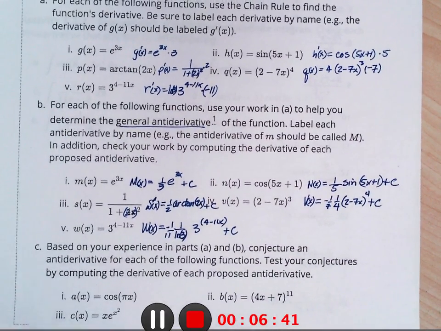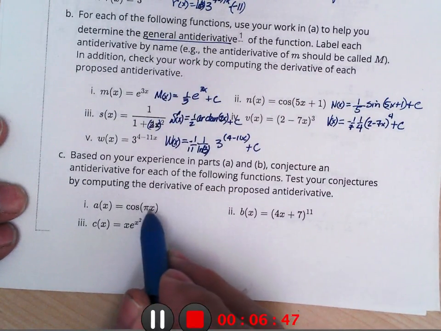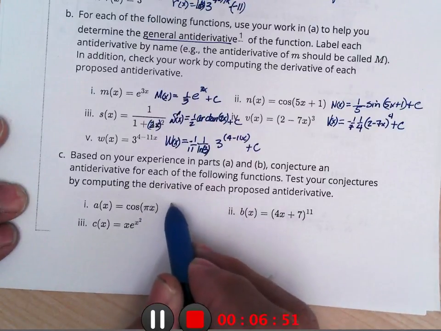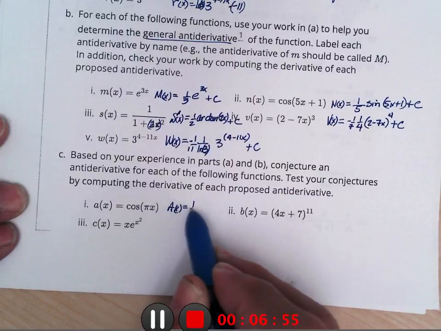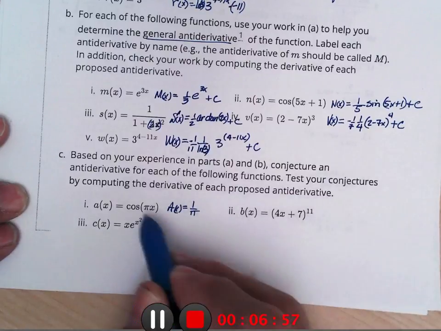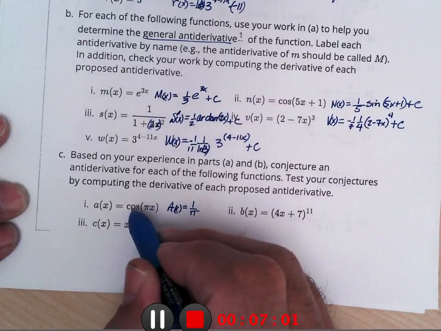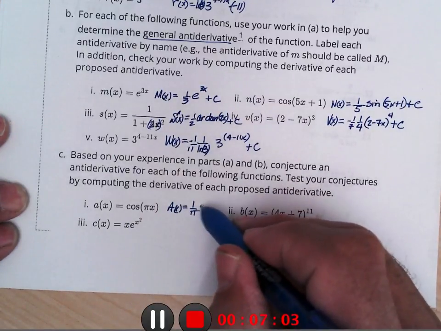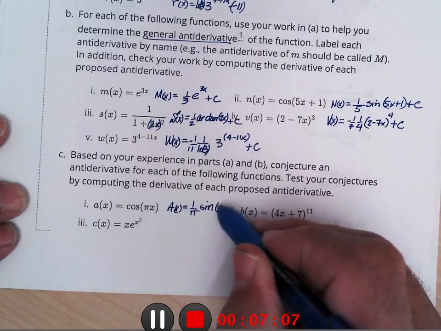So if we had to do these where we haven't done them before, the derivative of the inside would create a pi, so we'd have to do 1/pi. The derivative inside would create a pi, so we have to undo it, and the antiderivative of cosine would be sine of pi x plus c.